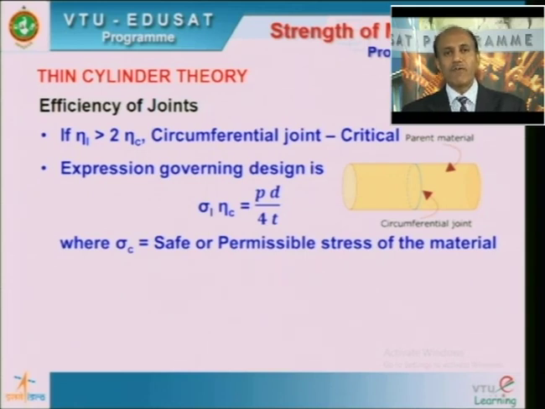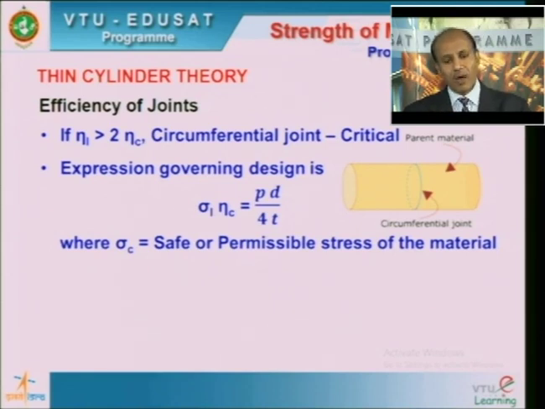So, I think we have now finished all the expressions required to take up some simple design problems. Let us quickly recollect what we have done in thin cylinder theory. We have talked about expressions for circumferential stress, longitudinal stress, shear stress, circumferential strain, longitudinal strain, and volumetric strain.